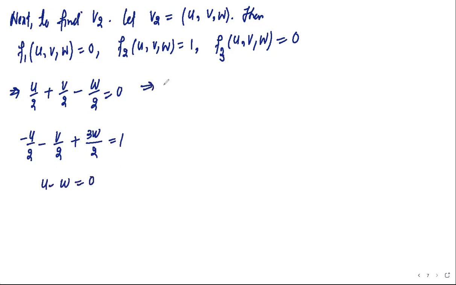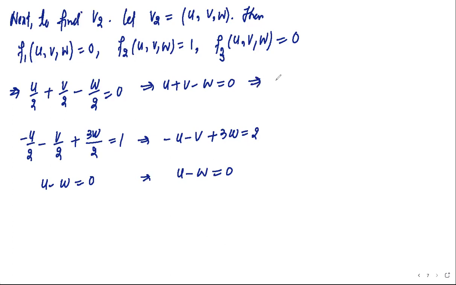Now this one implies u plus v minus w is 0. This one implies minus u minus v plus 3w is equal to 2. And this one gives us back u minus w is equal to 0. Now u minus w is equal to 0. So therefore, when we use this u minus w equal to 0 from the third equation, this then implies v is equal to 0.